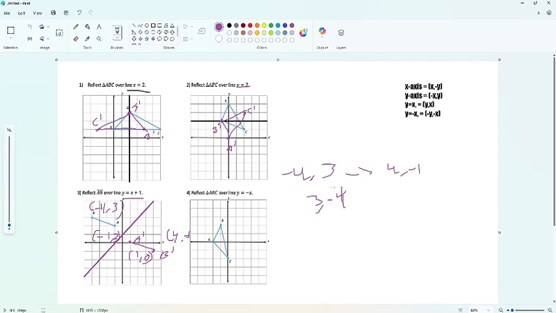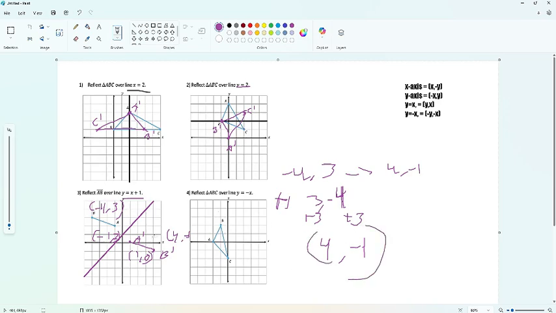Alright, now let's see. Oh, wait, this might be a pattern. We add the x to the y, negative 1. However, we add 1 to the x because of the y-intercept.